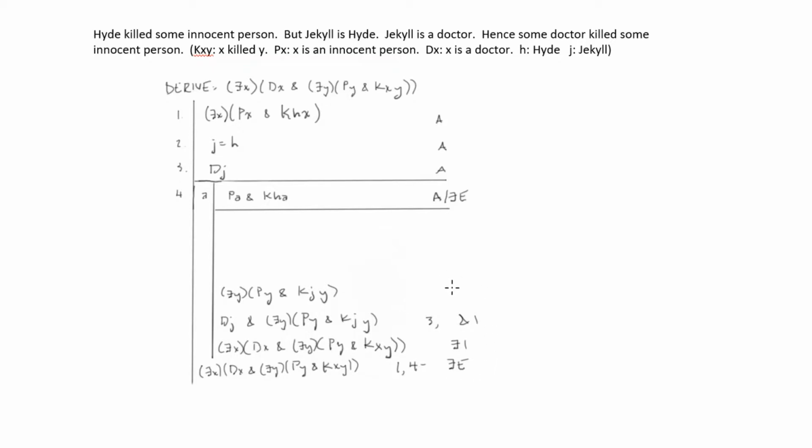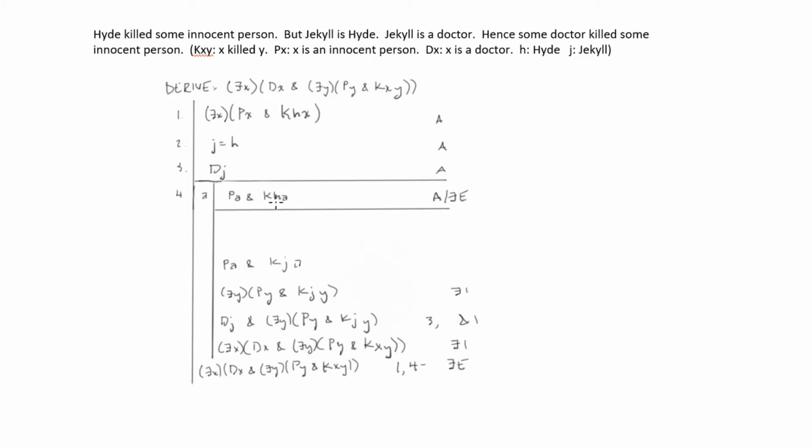While we're at it, why not think about getting this existential generalization by existential introduction? On what? Well, it would be nice if I could get it on PA ampersand KJA, wouldn't it? Because I already have PA ampersand KHA. That's my auxiliary assumption on line 4.